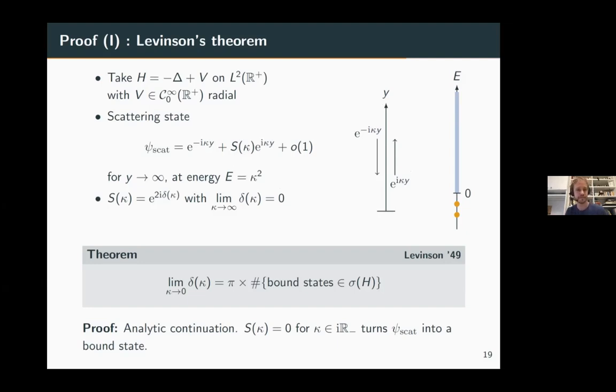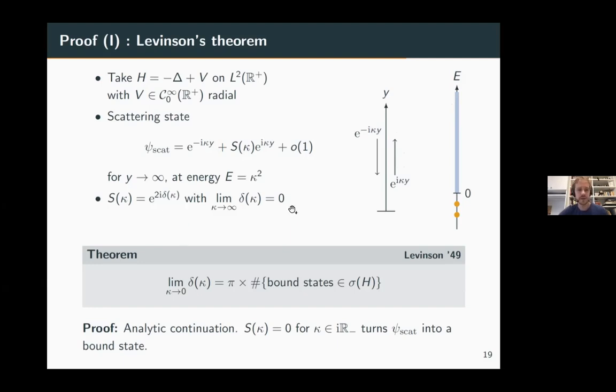Okay. So you can look at this phase, and usually we take the normalization saying that when we look far away in the spectrum as kappa goes to infinity, then this phase is 0. So this is a phase which is defined up to an integer, so you need to fix a convention to be able to count something properly.